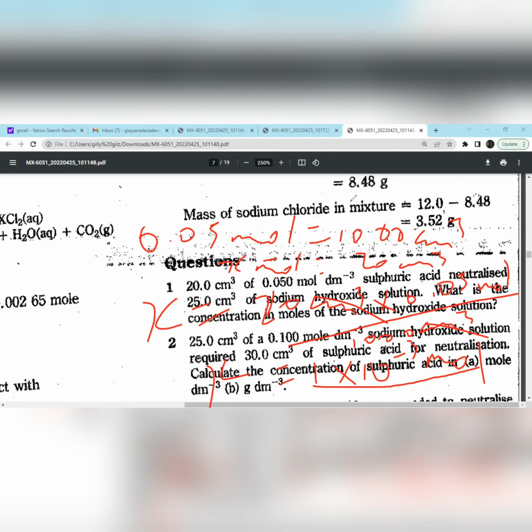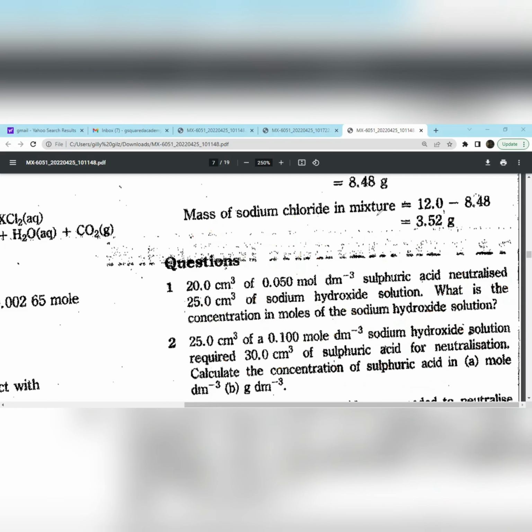For you to do that, you now need to go and write the equation. So the equation is sodium hydroxide, and I might just ignore state symbols here just for simplicity. So sodium hydroxide plus sulfuric acid produces sodium sulfate, Na2SO4, plus water. Of course, this is an acid-base reaction, H2O.